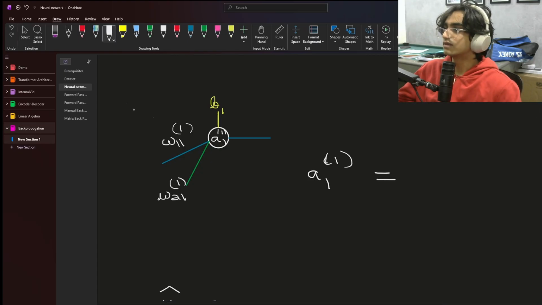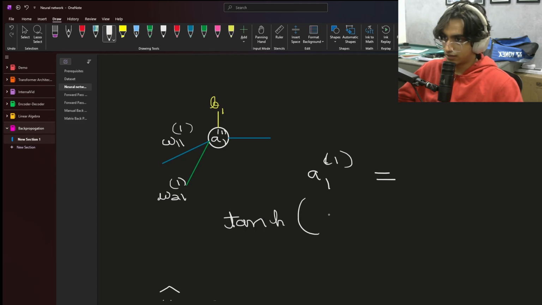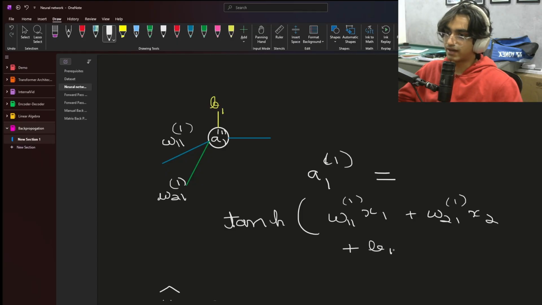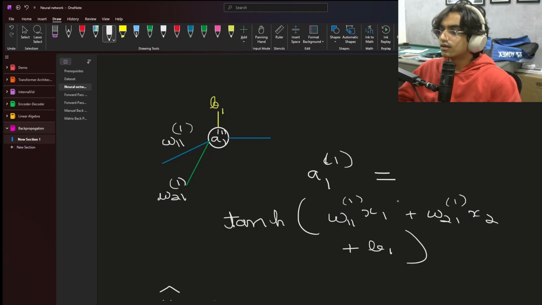Since we're using the tanh activation function, A1 will essentially be tanh of W11, and W11 is associated with x1, plus W21, which is associated with x2, plus our neuron bias. So that will be A1. Similarly, A2 will be W12, W22, and B2 instead.